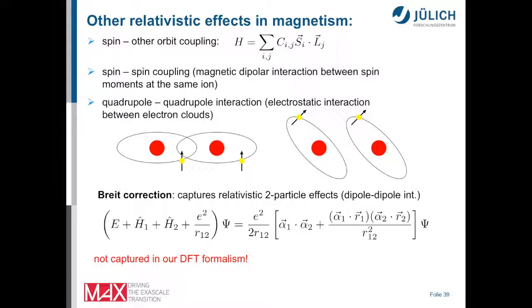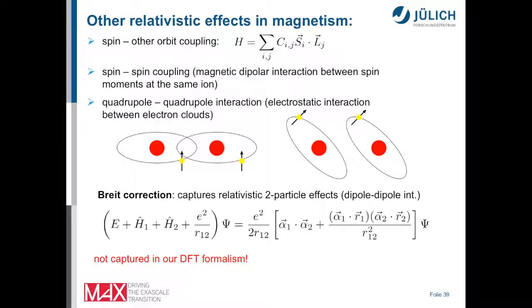And normally the most important interactions here you can also capture on a classical level. So the normal dipolar interactions we treat not within DFT, but classically with dipole interactions once we know the magnetic moments of our atoms.